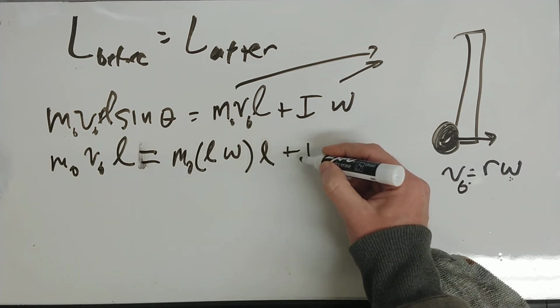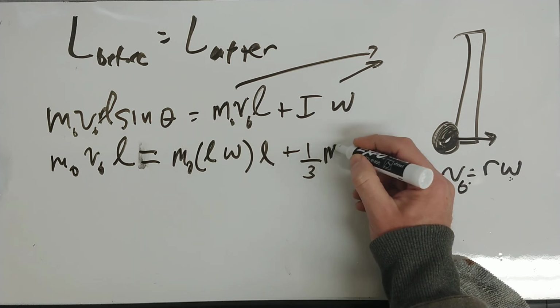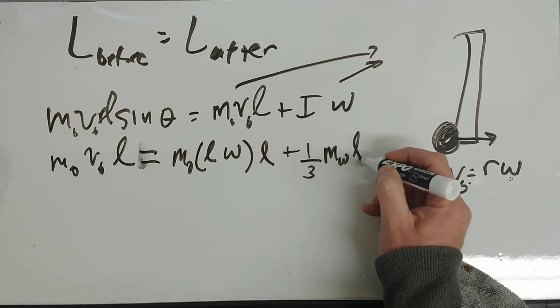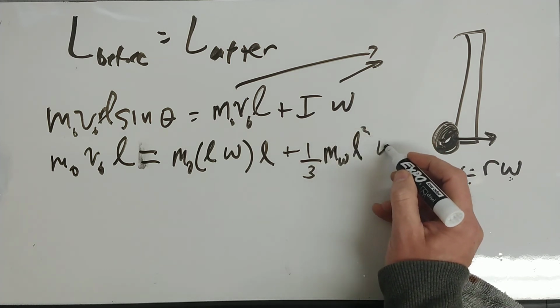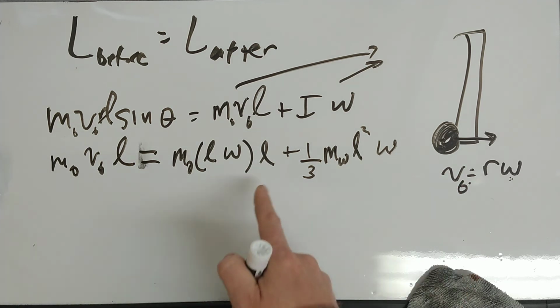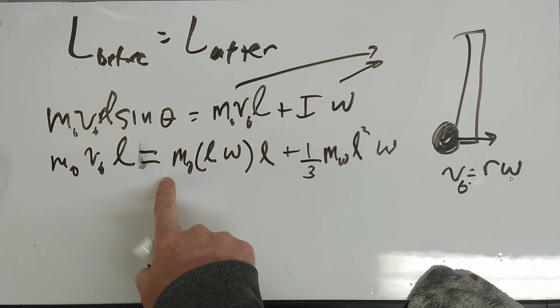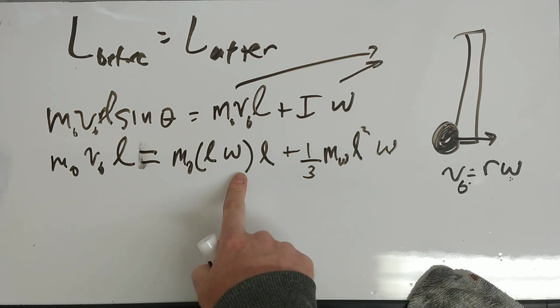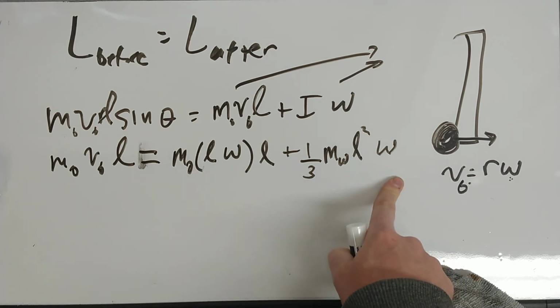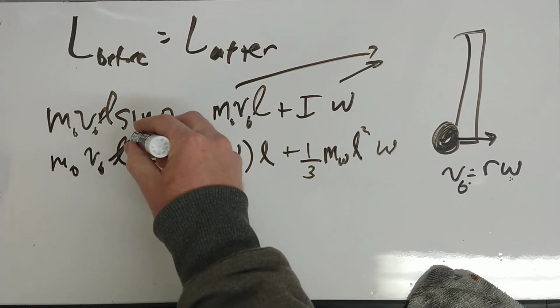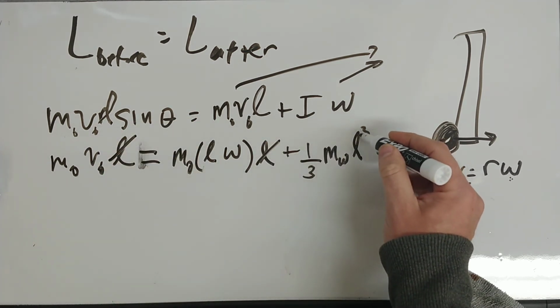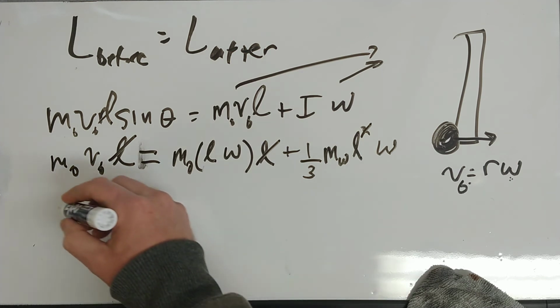Plus I omega, which is 1/3 mass of the wood L squared times omega. All right, so look, these two would add up because they're a mass times omega times L squared. You can cancel out an L from both sides. All right, and then go from there.